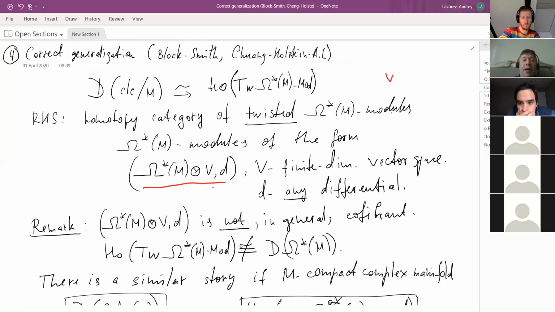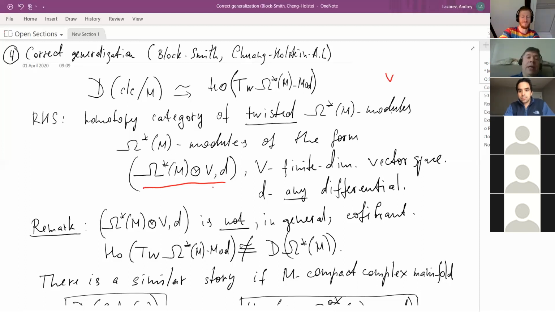I would like to reiterate: if you consider not an arbitrary D, but something that respects the filtration, and then you do these filtered limits and so forth, then what you get is precisely the notion of a cofibrant module. So a twisted module is more general than a cofibrant module. A cofibrant module will be twisted, but not vice versa.